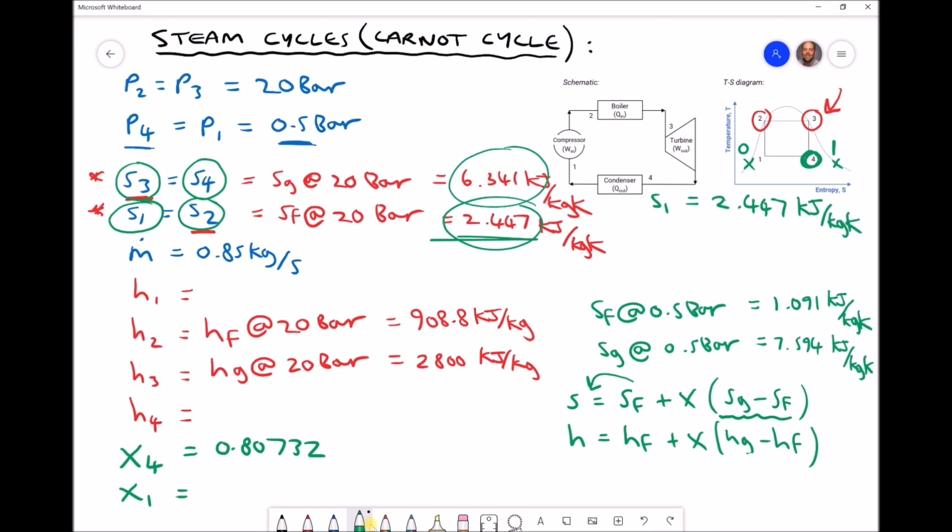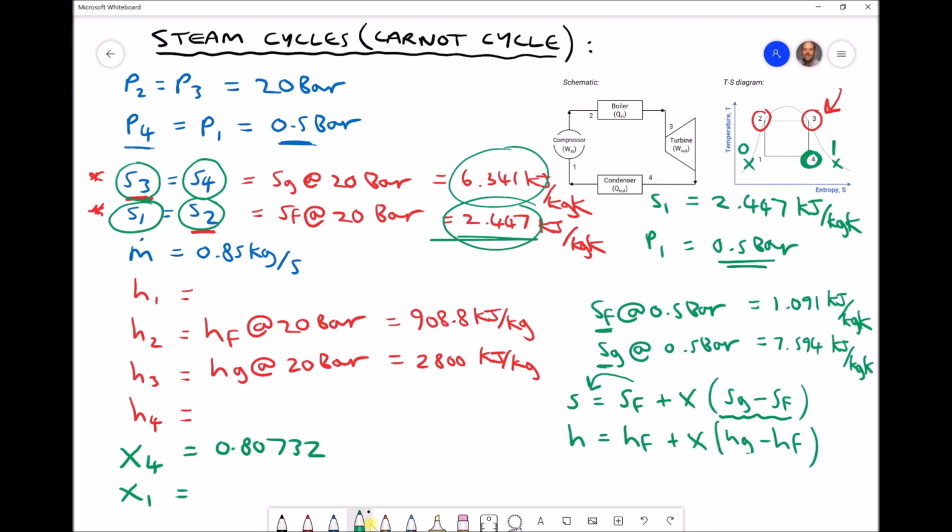We also know the pressure at position 1 because the pressures at position 1 and position 4 are our condenser pressures of 0.5 bar. So this time we don't need to look up our values of SF and SG because we've already looked those up. The condenser operates at 0.5 bar, so when we come to calculating our dryness fractions, we still use our value of SF at 0.5 bar and our value of SG at 0.5 bar.